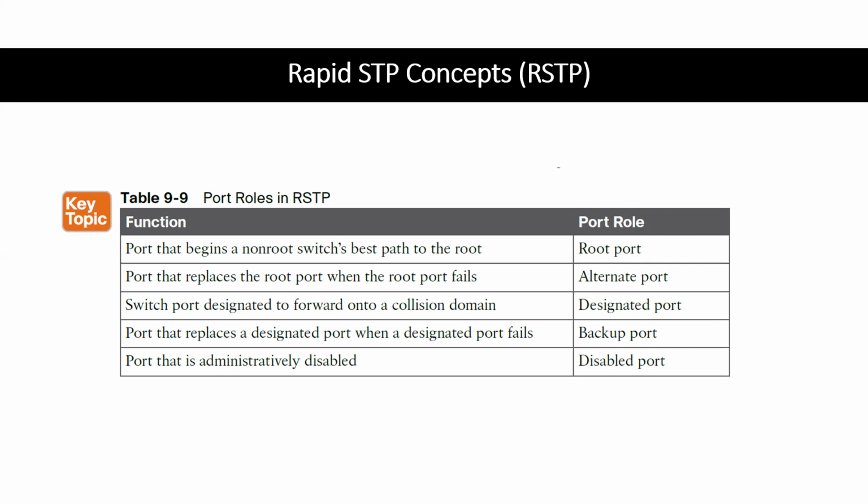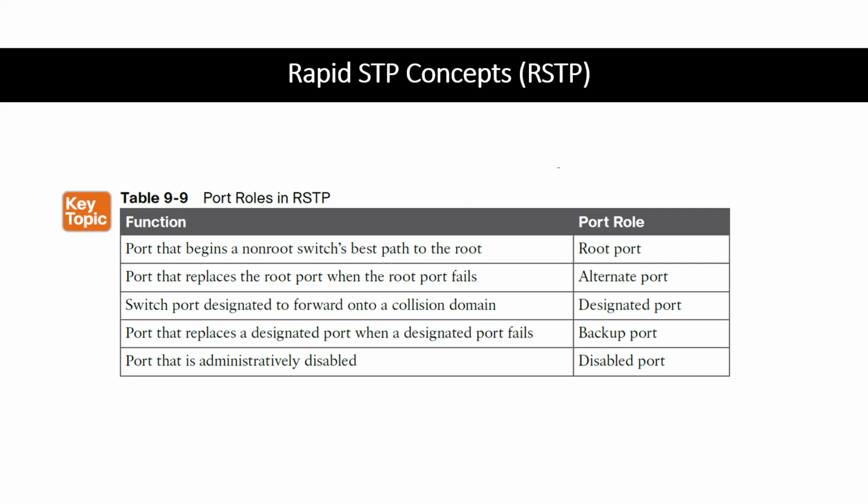The alternate port is exactly what it says in that term. It's a second best option for the root port. The alternate port can take over for the former root port as quickly as possible, without having to wait for these RSTP states to transition.